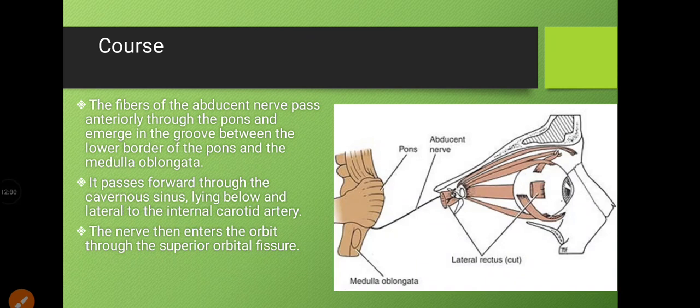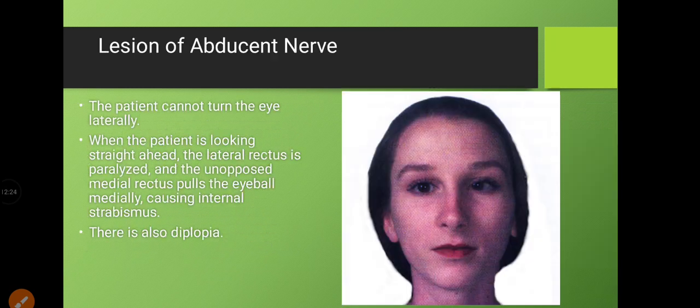This nerve leaves the pontomedullary junction and then runs in the middle cranial fossa and then through the cavernous sinus. It enters the orbit through the superior orbital fissure to supply one of the extraocular muscles known as lateral rectus.